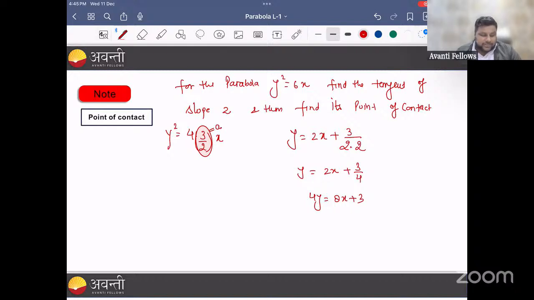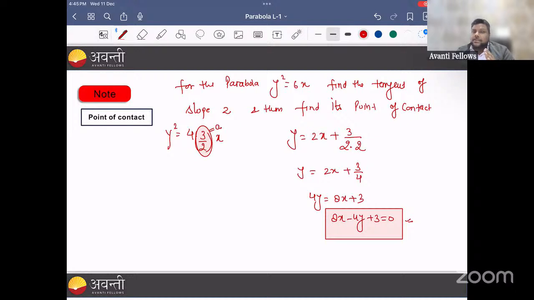So this is 8x minus 4y plus 3 equals 0. Got it? Now you want to find its point of contact. There are two ways to find it.